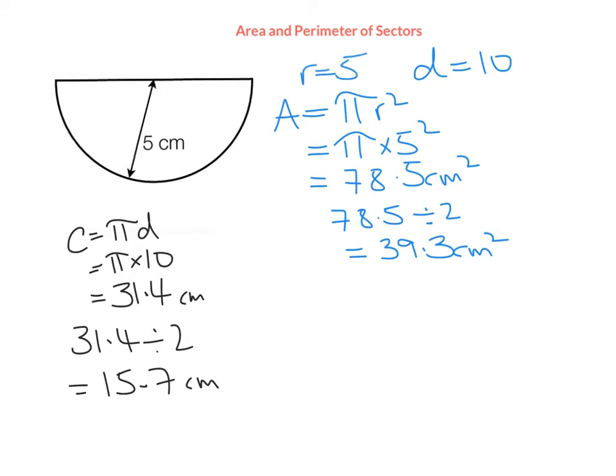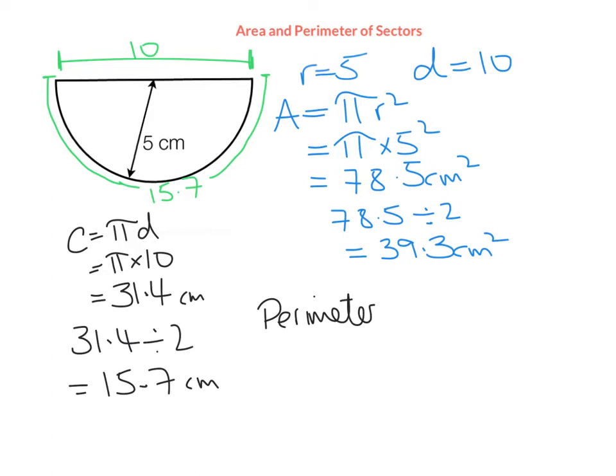So this little bit here that I've written in green is 15.7, and I then need to add on the diameter, which I know is 10. So my final perimeter is 15.7 plus 10. That's 25.7.